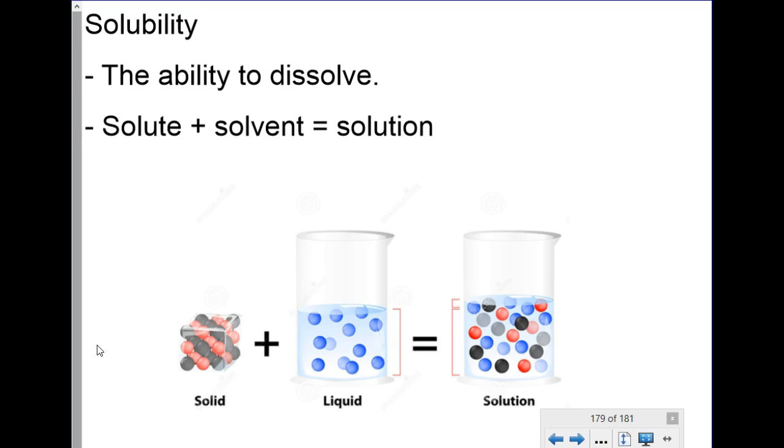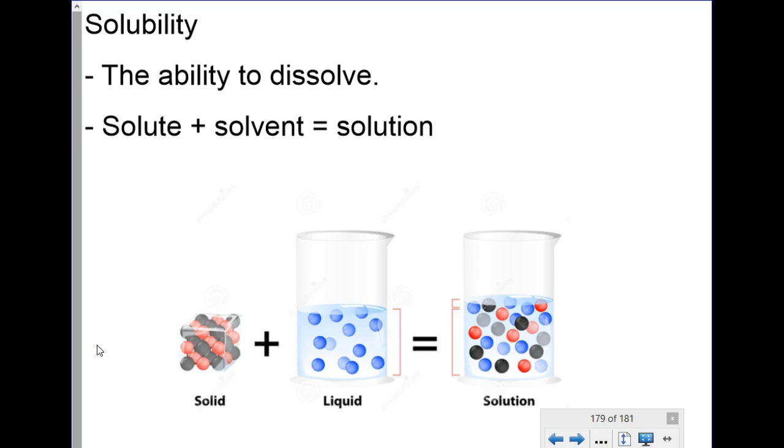No. So dissolving looks like it's disappearing. For example, if you make a saltwater solution to gargle for a sore throat, it looks like the salt is disappearing. But you know if you drink that glass of water, it's going to taste salty.